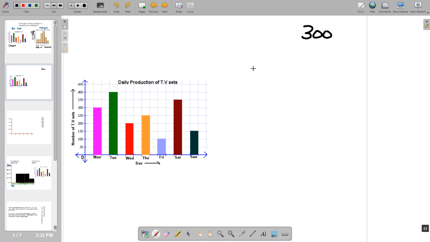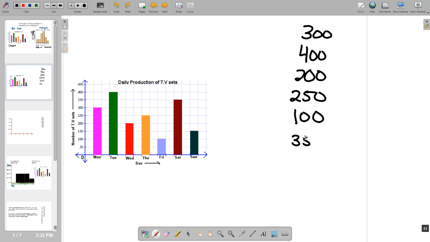We had 300 on Monday, 400 on Tuesday, 200 on Wednesday, 250 on Thursday, Friday had 100, Saturday had 350, and finally Sunday had 150.